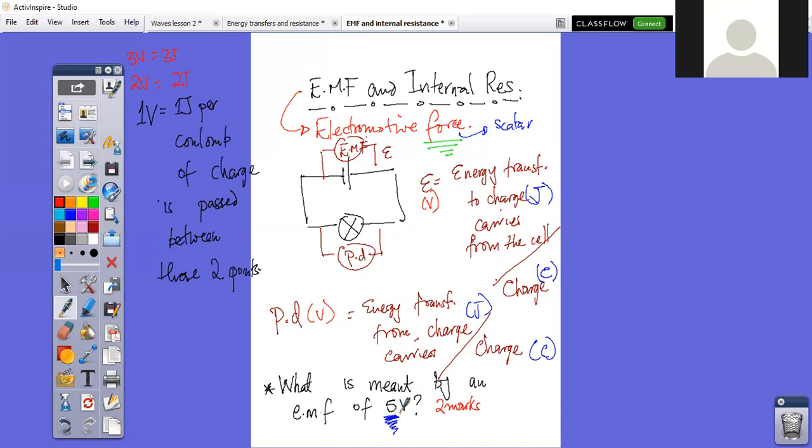So what does 5 volts mean? It means that 5 joules is transferred per unit, or per coulomb, of charge. 5 joules is transferred per coulomb of charge that passes through the cell.